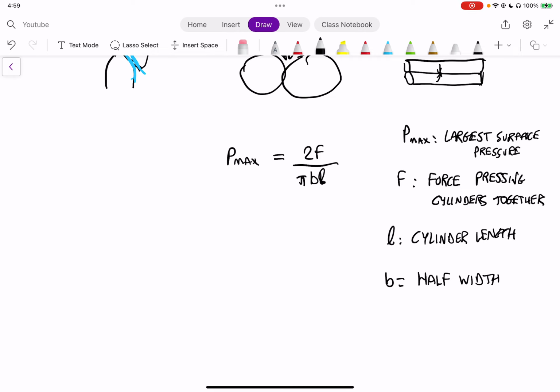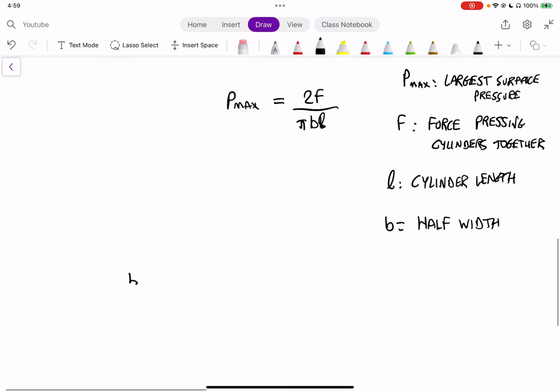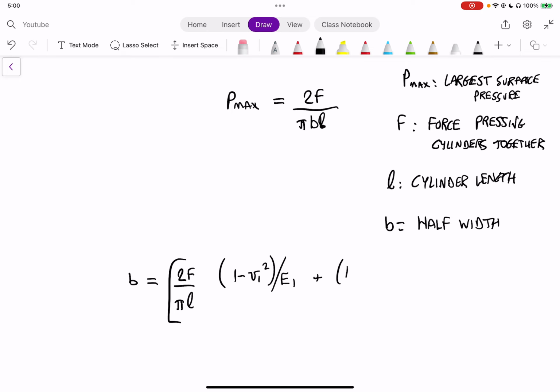So a couple of things that we're going to write is we're going to write what the half width is, because we obviously don't have that memorized. Okay, so it's the square root of 2F over pi L times (1 minus ν1 squared over E1, where ν1 is Poisson's ratio, plus 1 minus ν2 squared, all divided by E2).